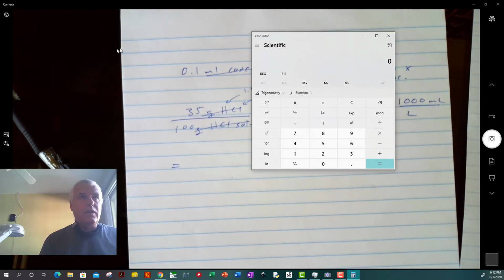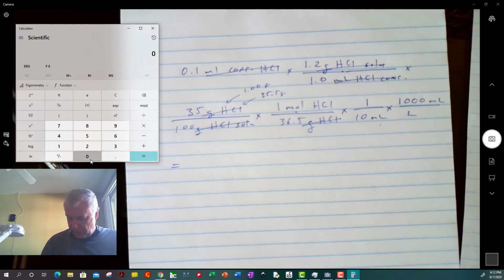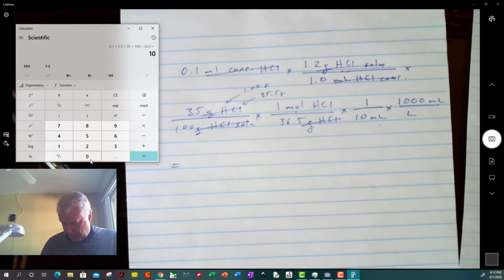Okay, so here we are with our calculator, and we can say 0.1 times 1.2. We don't need to divide by 1. Times 35 divided by 100, and then divided by 36.5, divided by 10 and times 1,000.